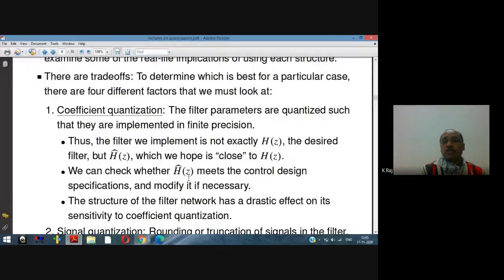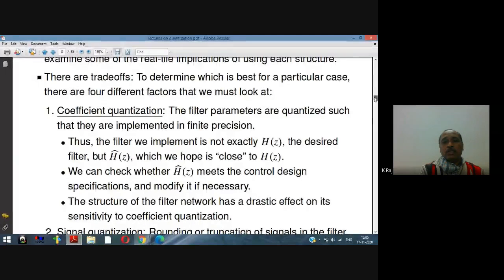We can check whether H cap(z) meets the control design, meaning whether the stability region remains the same, or due to the change of the coefficients the stability is changing. If there is any doubt or possibility that the filter may move to the unstable region, then there is a need for modification.